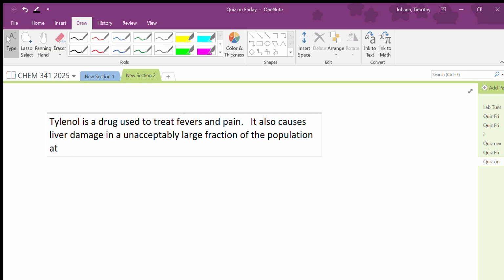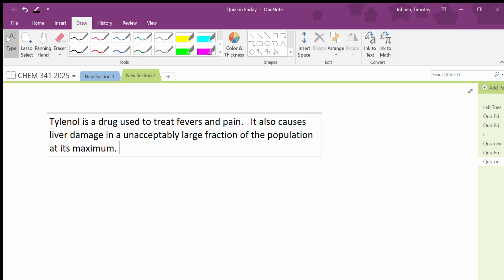What is the unacceptably large fraction? I don't remember. I have 30% in my head, though. More than 2%? No, I have like 30% in my head. It may not be the correct one, but it does.